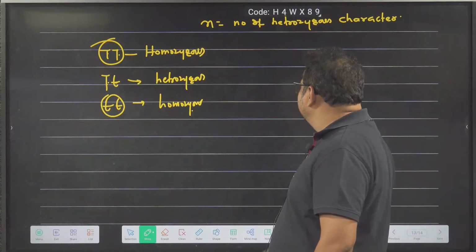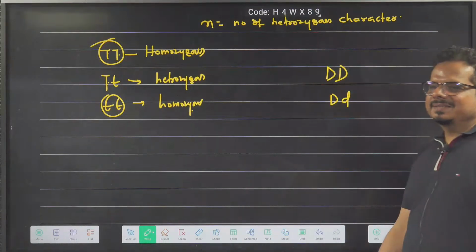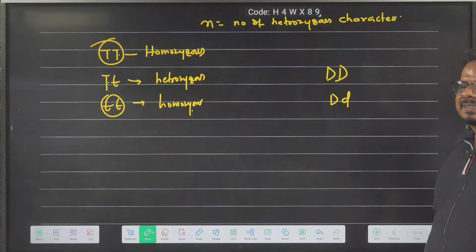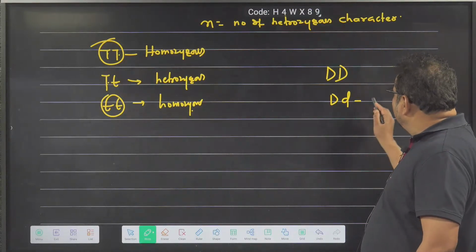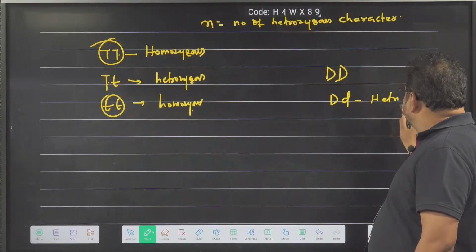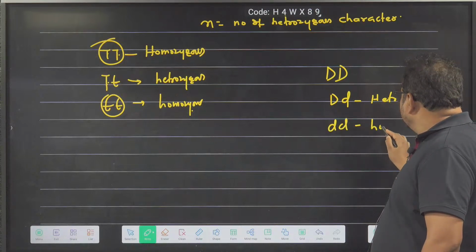Homozygous. Well done. Capital D, small d, homozygous or heterozygous? Hetero, no problem. Well done. And if I write small d, it is homo.